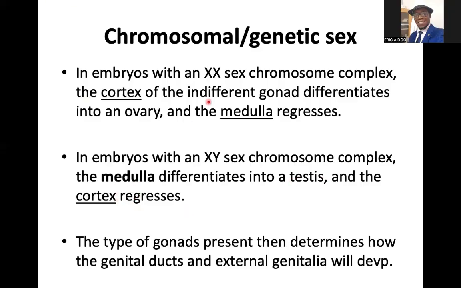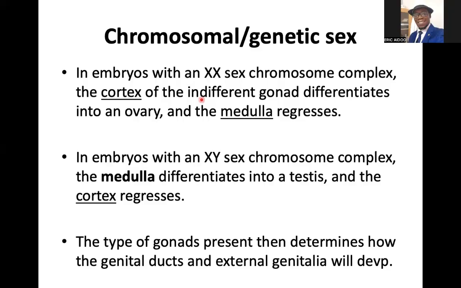So this is the opposite of what happens in the female. So at a point where the spermatozoa bearing X or Y meets the egg, which is always X, once there's fertilization, you have established the chromosomal sex or genetic sex, okay?